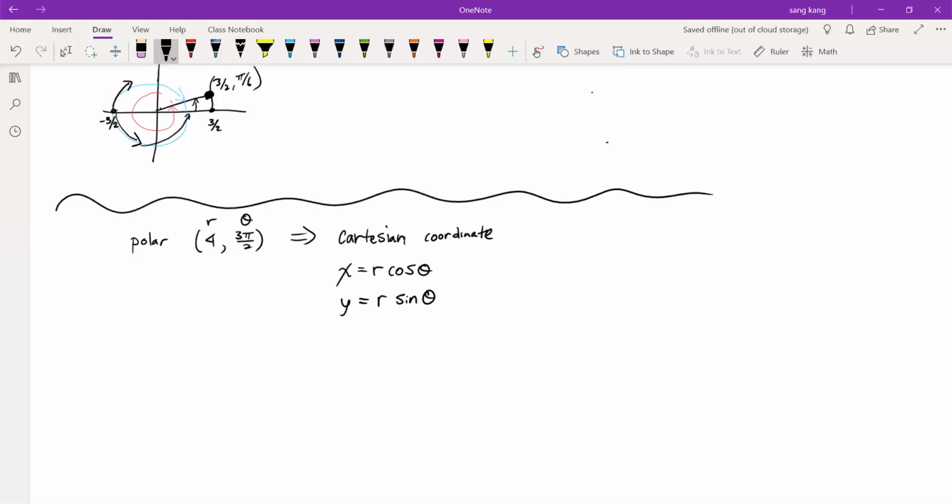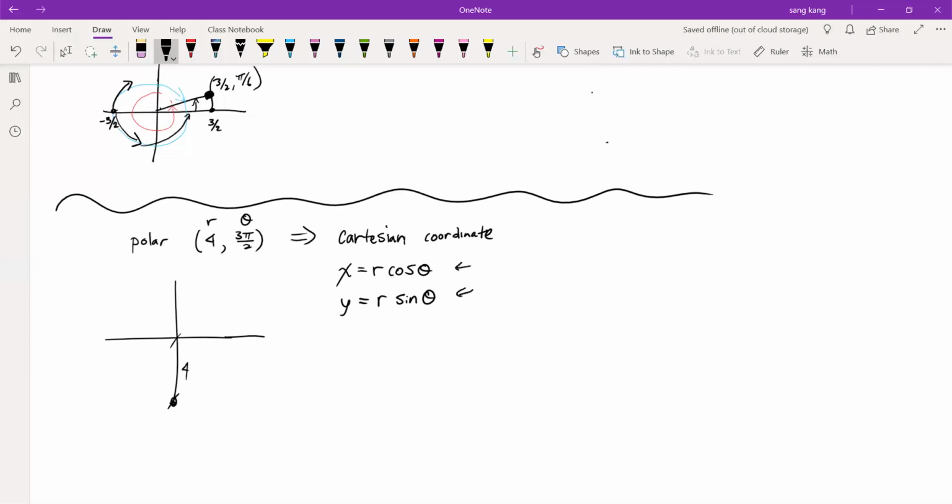So when we look at this, if we use polar coordinates to express this, we're going to have 4 and 3 pi over 2, which is going to put us down here, right? And then this distance is 4. So now if we want to express this in Cartesian coordinates in terms of x and y, we would just plug into these two equations.